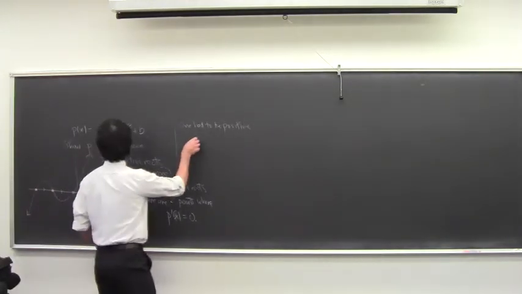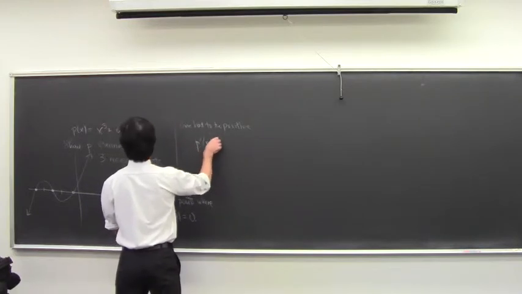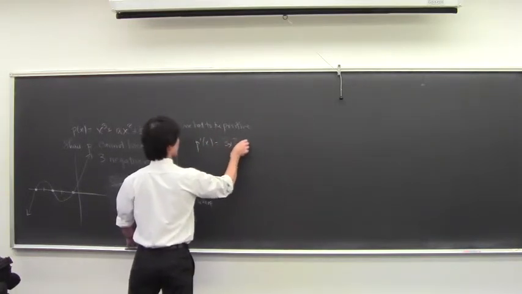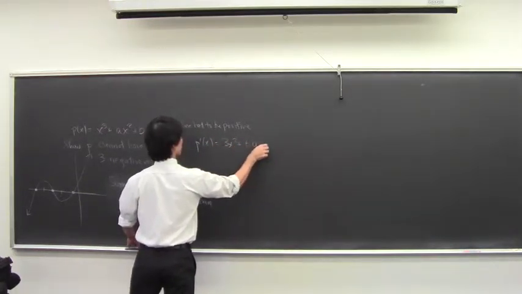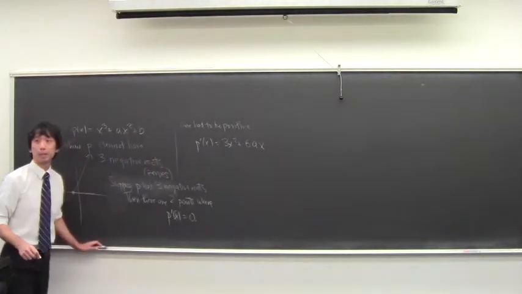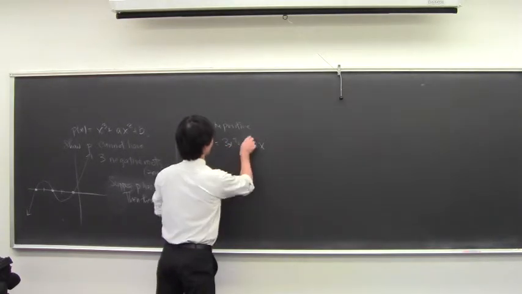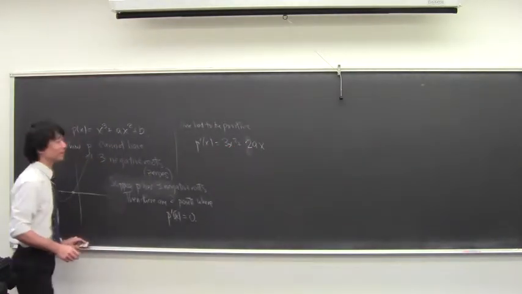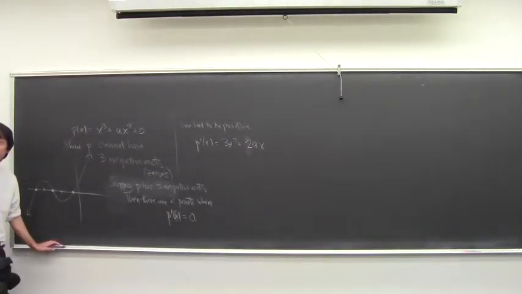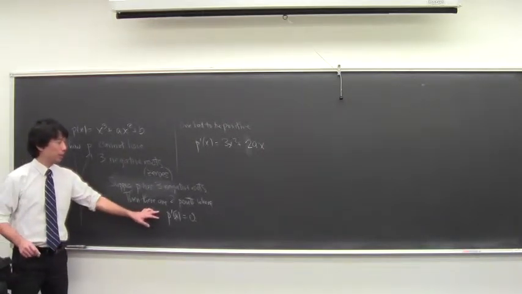Okay. So P prime is 3x squared plus 2ax. Then what?